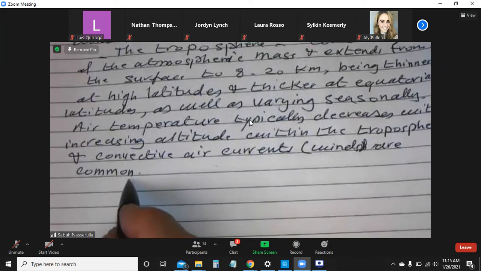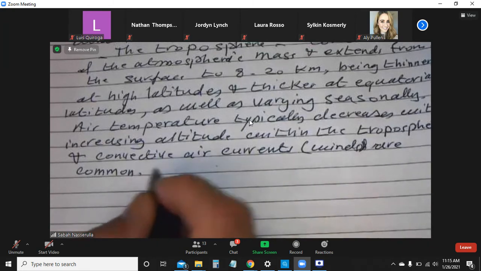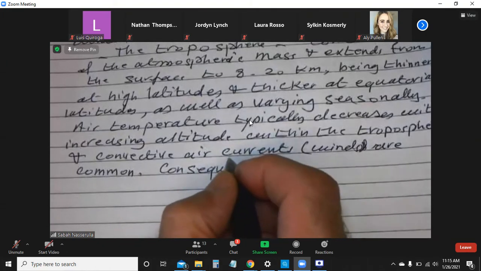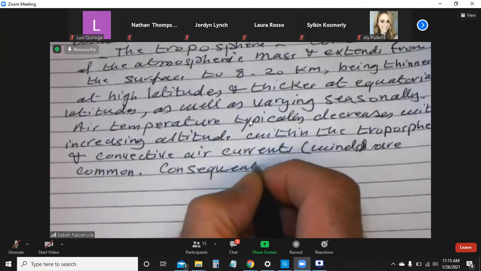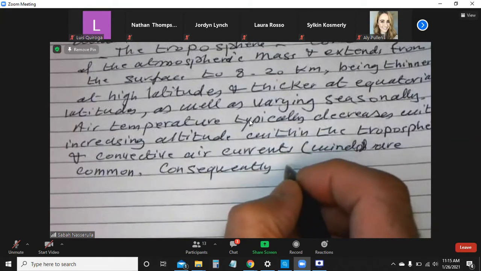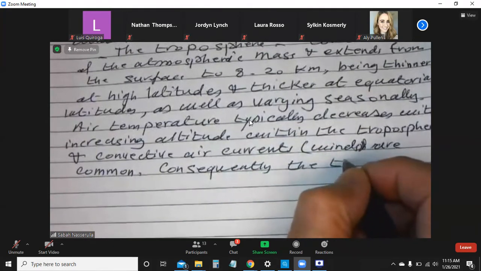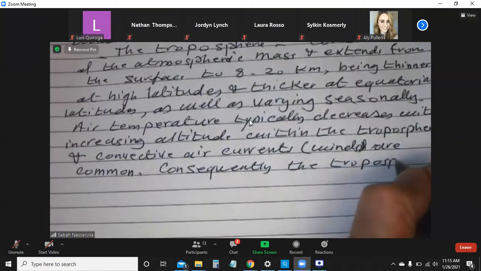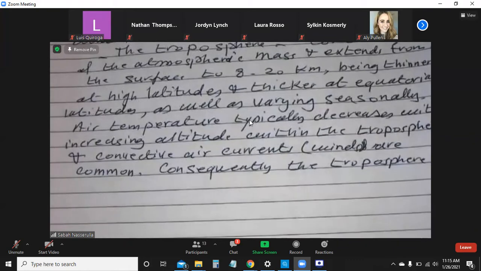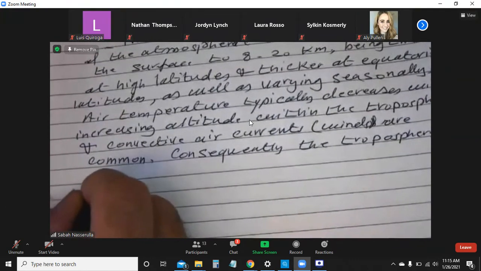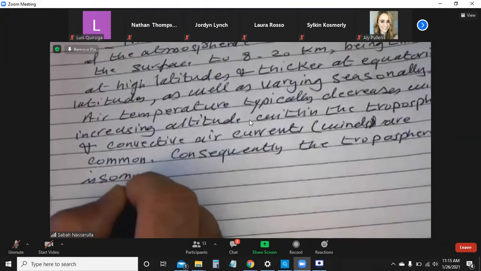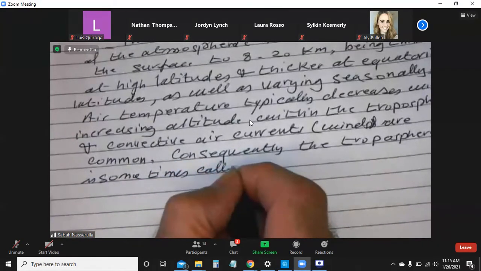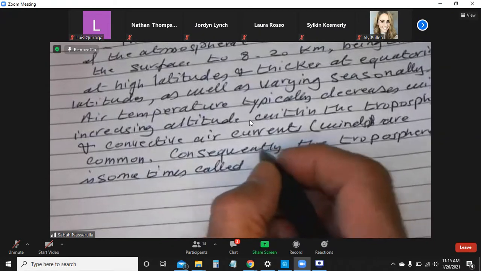Winds are common, and consequently the troposphere is also sometimes called the weather layer.